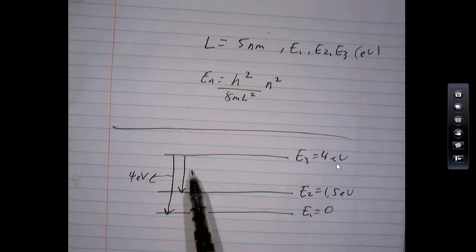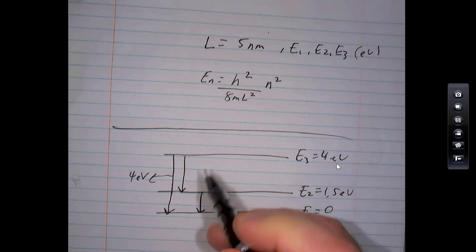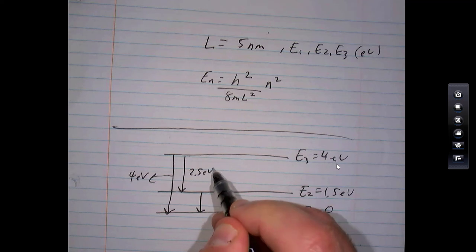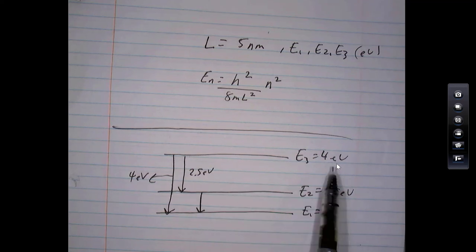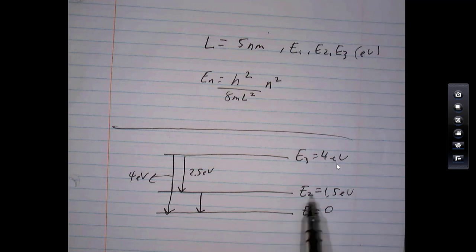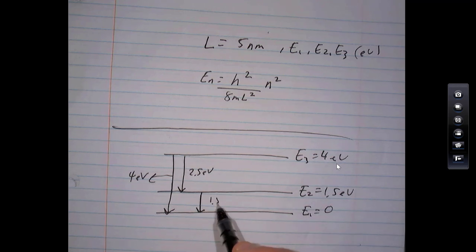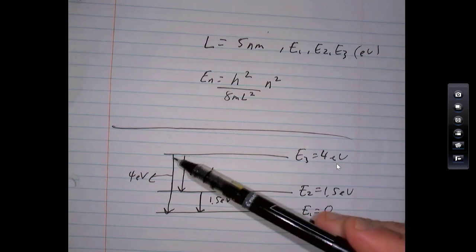When you go from 3 to 2, that difference, 4 minus 1.5, would only be 2.5. That's the difference in energy level. And then when you go from 2 to 1, this energy difference is 1.5. So when you drop down in energy, you emit a photon.